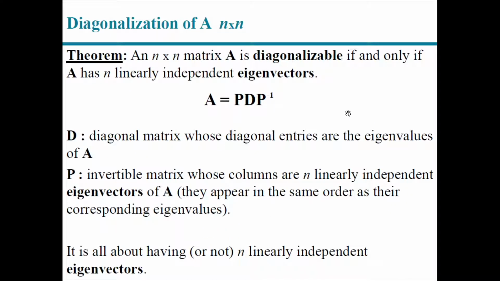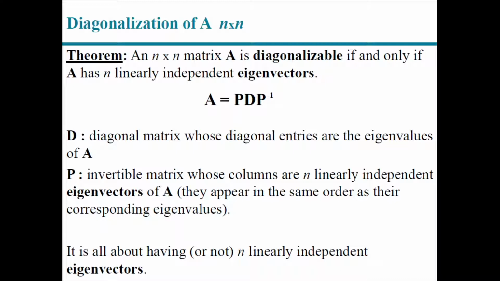What is important is to remember that it's all about eigenvectors. Matrix A is diagonalizable if and only if it has n linearly independent eigenvectors. Because we said matrix D is easy to build. It's a diagonal matrix, and the diagonal entries will be eigenvalues of A. So that's given, that's easy.